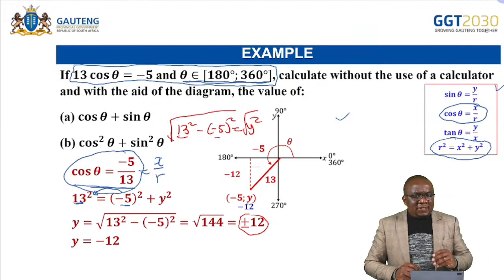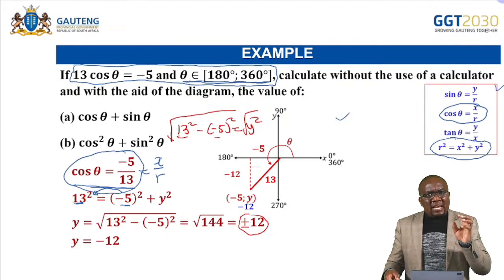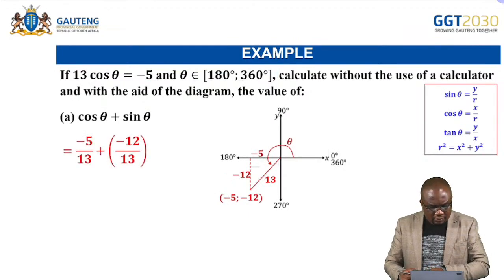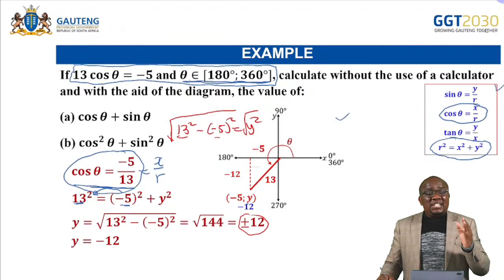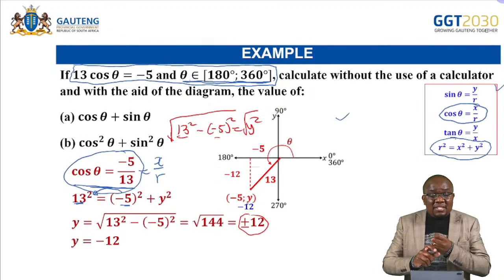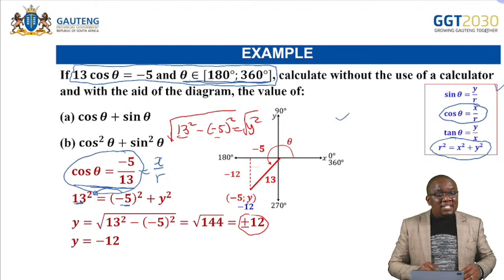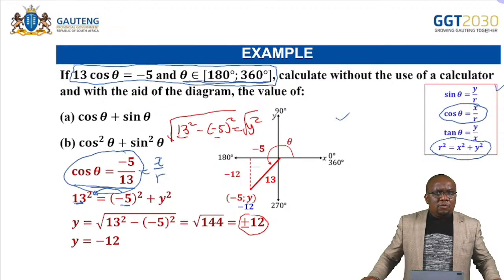In 1 minute, I want you to write the 3 trigonometric ratios: sine theta, cos theta, and tan theta, in terms of these numbers that we got, in terms of negative 12, negative 5, and 13. The 3 of them. Let's try to do that. 1 minute.